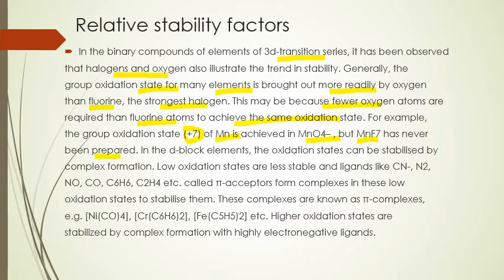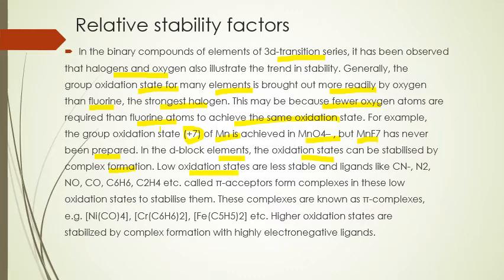So this is also one of the factors we can use to understand the stability: how the oxidation state can be stabilized with a fewer number of atoms. Another factor in the d block elements is that the oxidation state can be stabilized by complex formation.